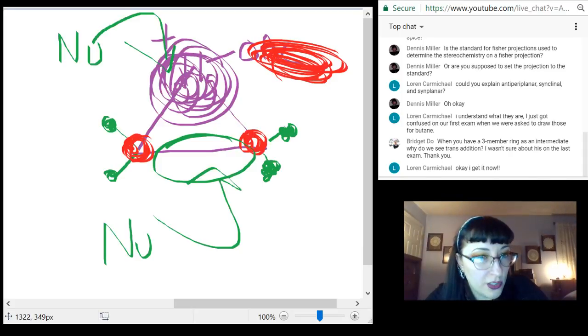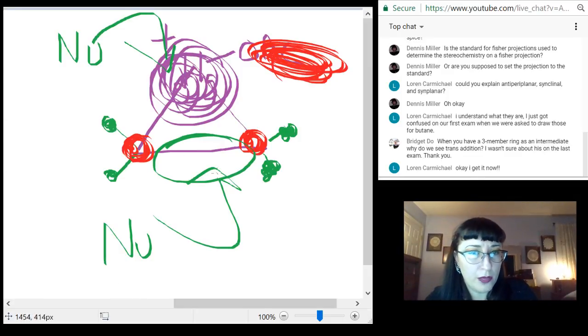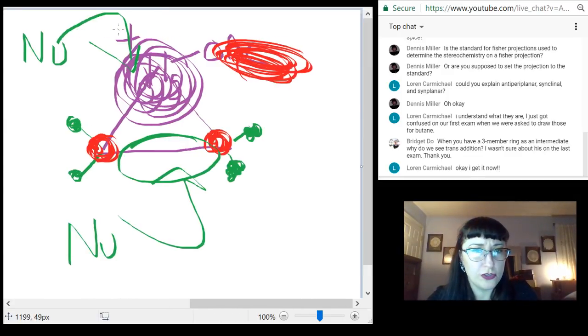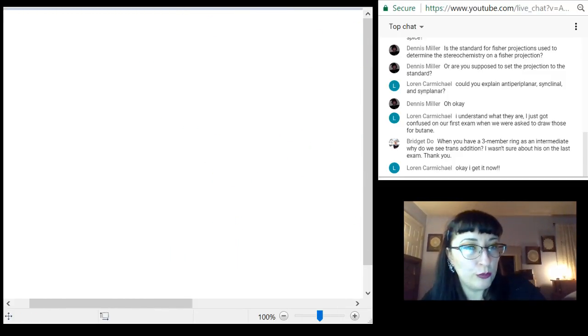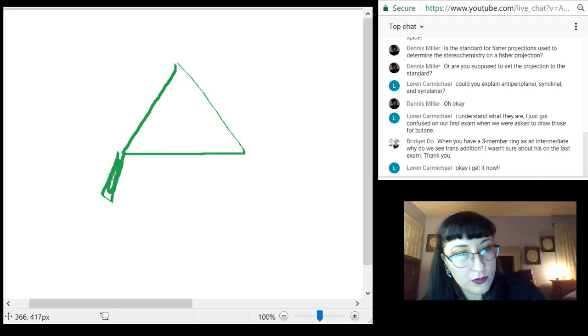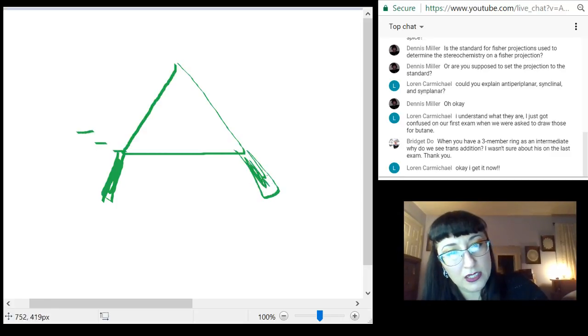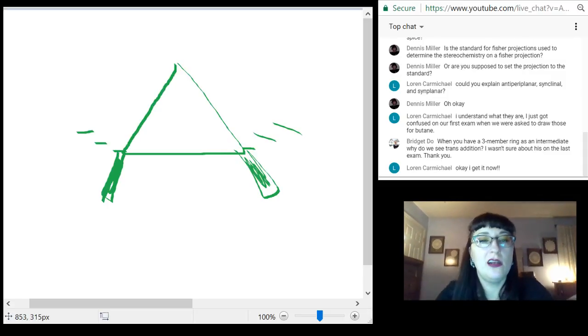So if you were to think of this in terms of dimensional stuff, right? If I have a cyclopropane type thing, it kind of looks like that, right?